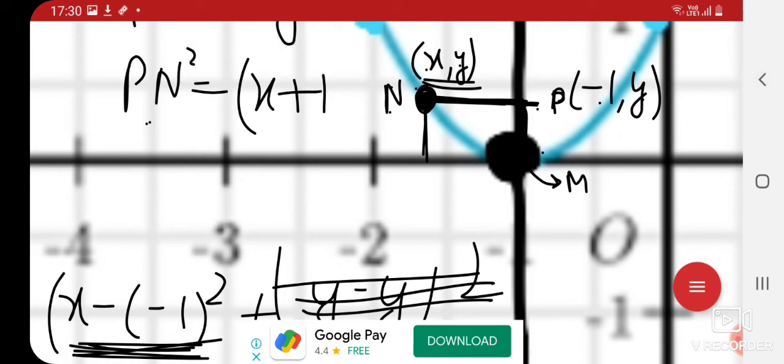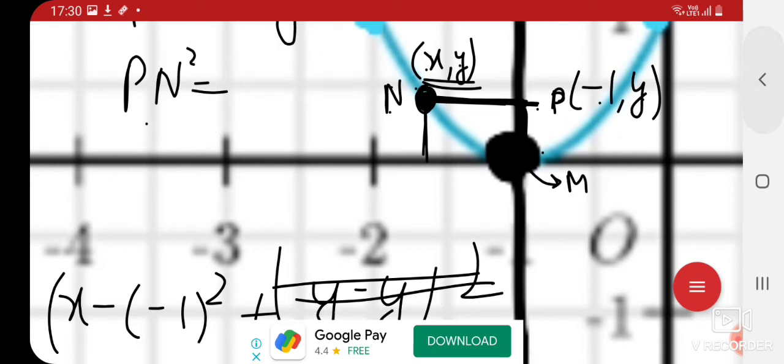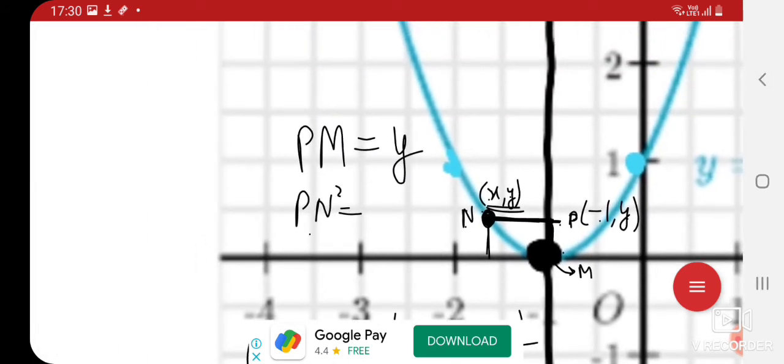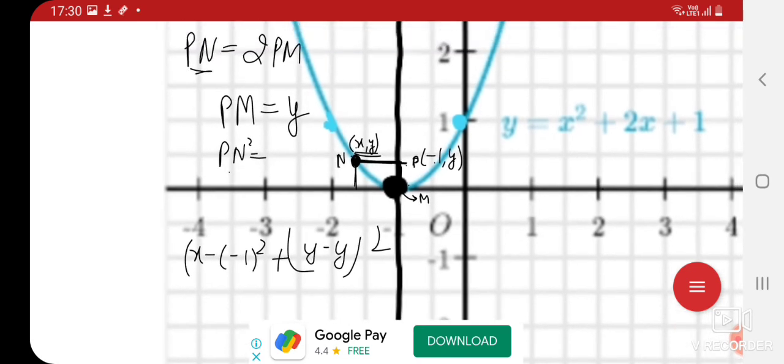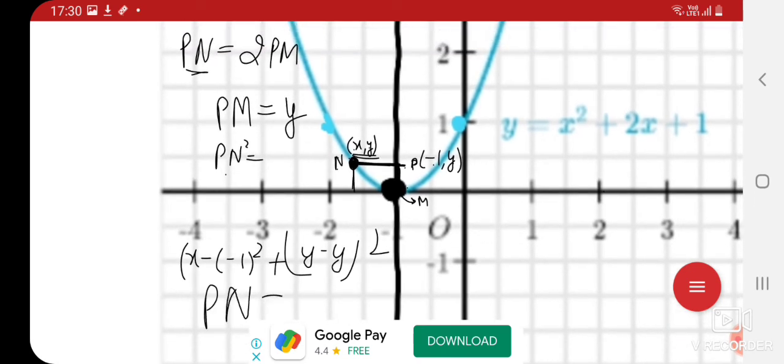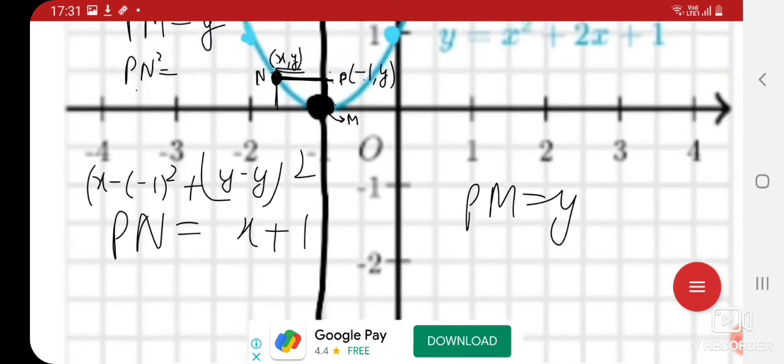Is it right? Now what you need to know is that this PN is double of PM, right? You have found out what this PN is. This PN is x plus 1 and this PM is y.